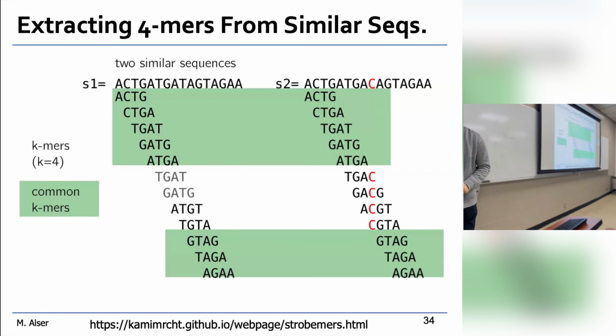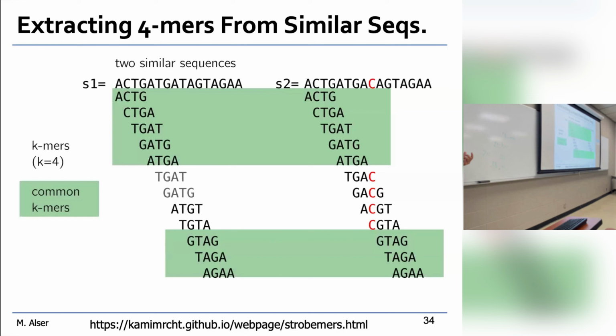Can we say something about the number of differences between the two sequences? If I extract 20 k-mers and I got only 18 of them similar, can I say something about the number of differences? How many differences do I have between the two sequences?